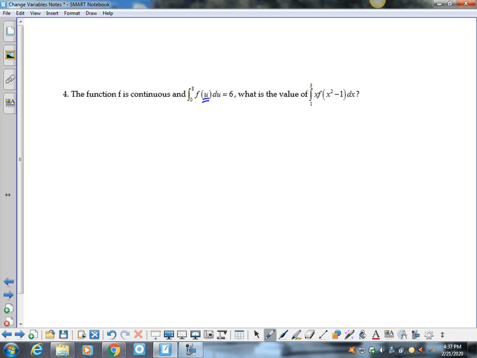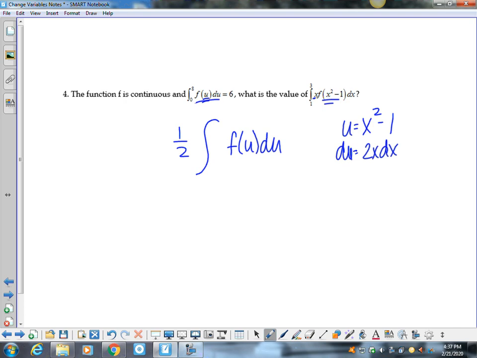So looks like my u is going to be x squared minus 1. So my du is going to be 2x dx. I see the x needs a 2, so I'm going to balance it with a 1/2. And that's now going to give me f of u du, which is what I want.